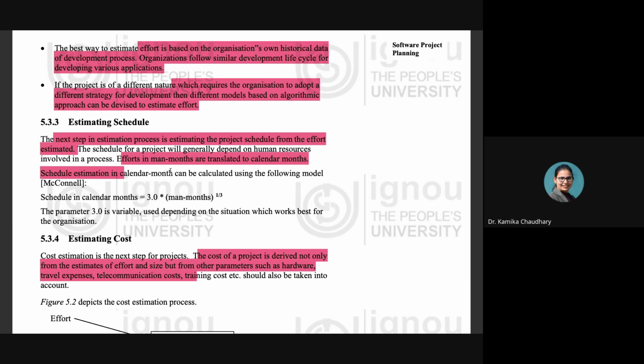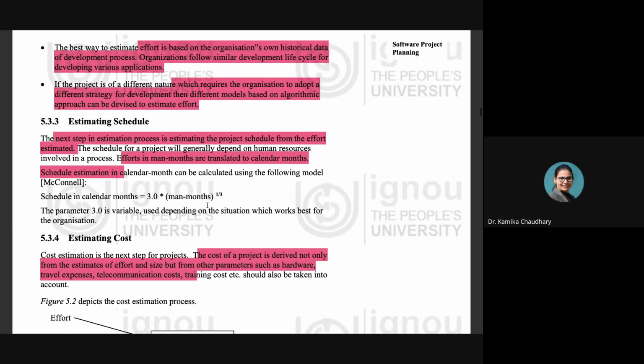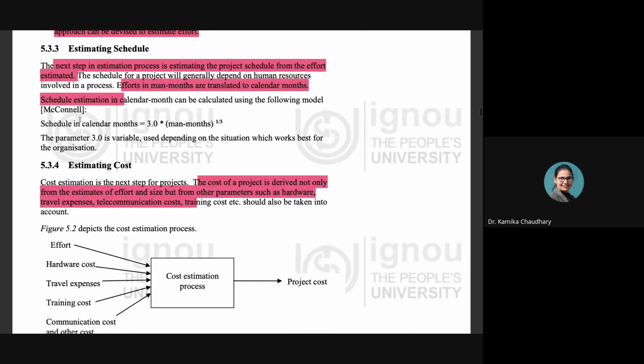Schedule estimation in calendar months can be calculated by making use of the following model, which is called the McConnell model. You just need to know the name of this model and the formula of this model, right? Now this parameter 3.0, which has been written over here, is a variable, and it depends on the organization; it can be changed also.